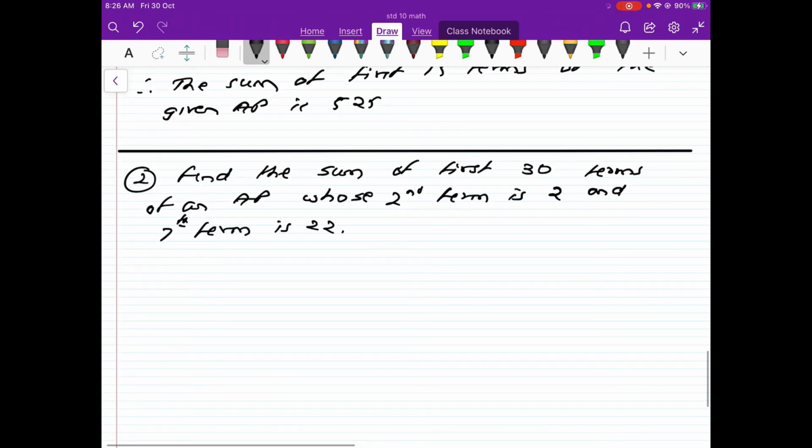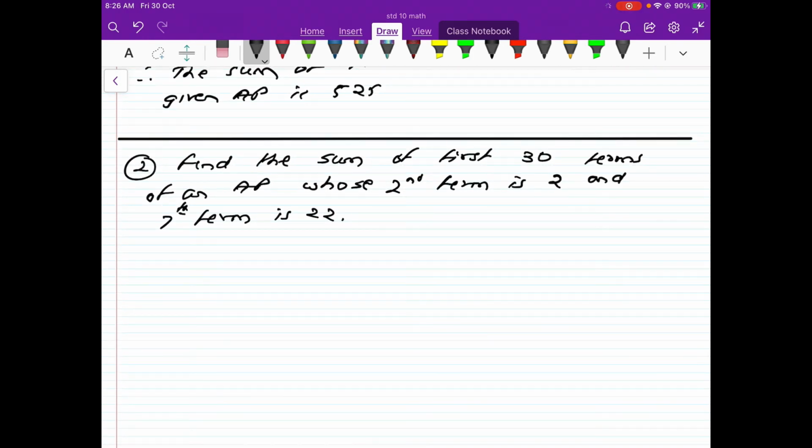We will go for one more sum. Find the sum of the first 30 terms of an AP whose second term is 2 and the seventh term is 22. This is a little different type of sum. So we have to make two equations to find a and d because nothing has been given. So we will just start taking the data. The second term is 2. Now the formula for the second term is a plus (2 minus 1) into d.